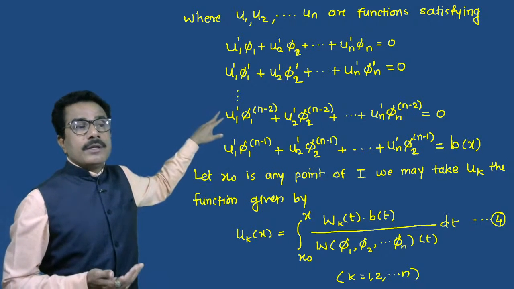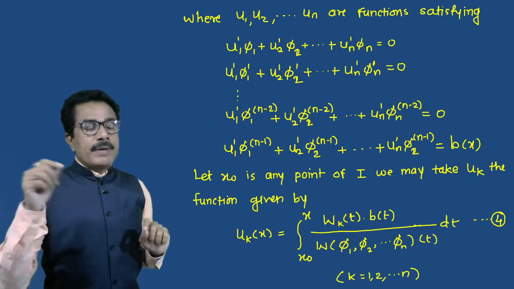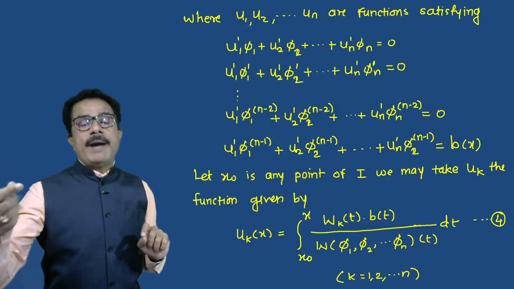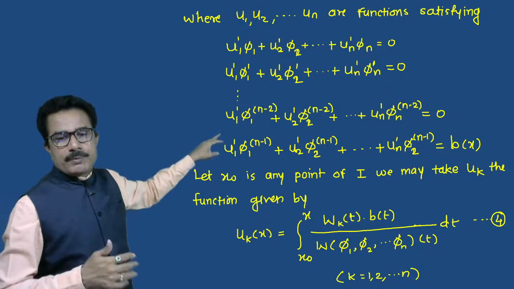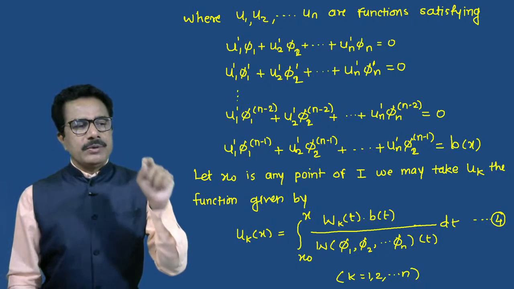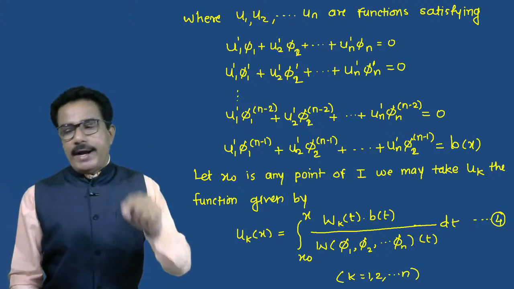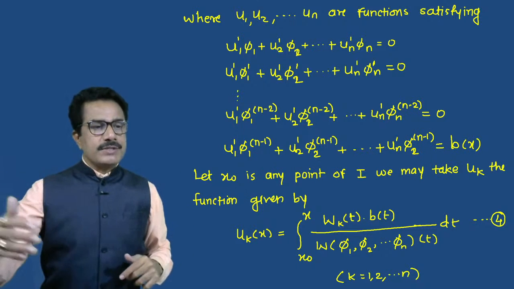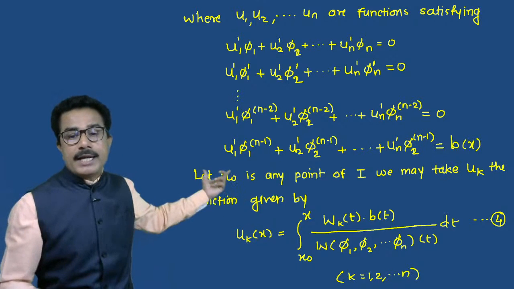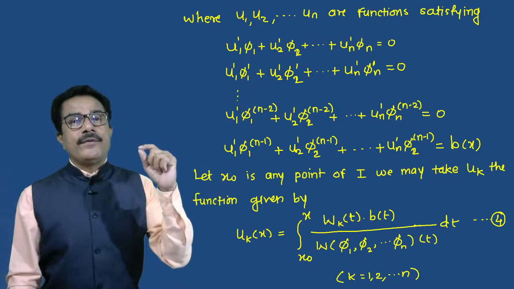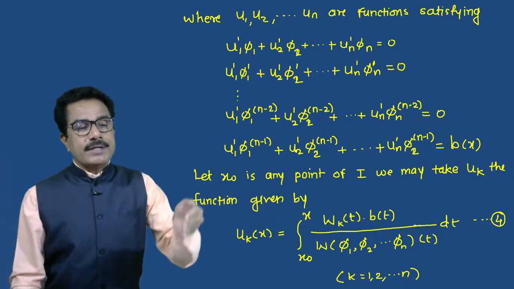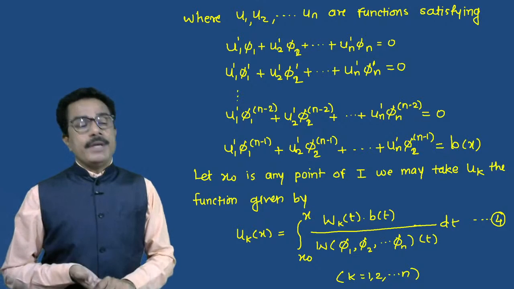Second, u1' phi 1' plus u2' phi 2' plus ... plus un' phi n'. In this way, continuing the process, u1' phi 1 to the (n minus 2) plus u2' phi 2 to the (n minus 2) plus ... plus un' phi n to the (n minus 2) equals 0, and the last term equals b of x.